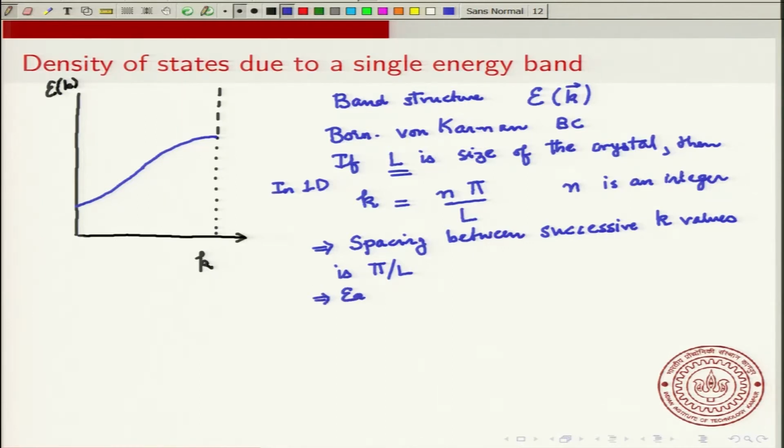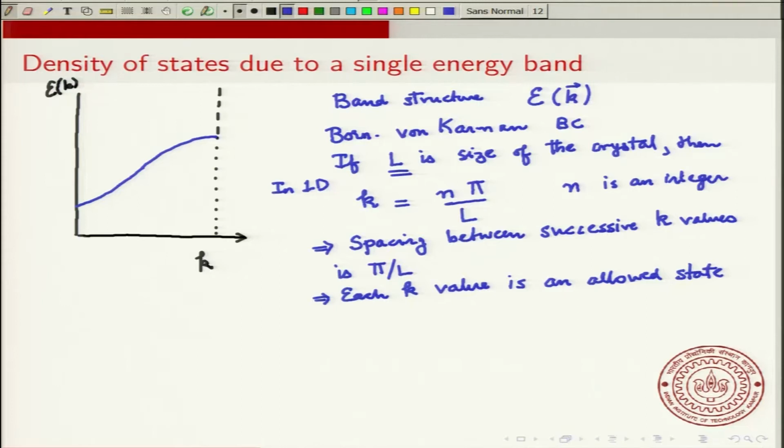This is an important idea: each k value is an allowed state. You can have several different k values, each of them is an allowed state, and according to the Born von Karman boundary condition, the spacing between successive k values is pi by L.